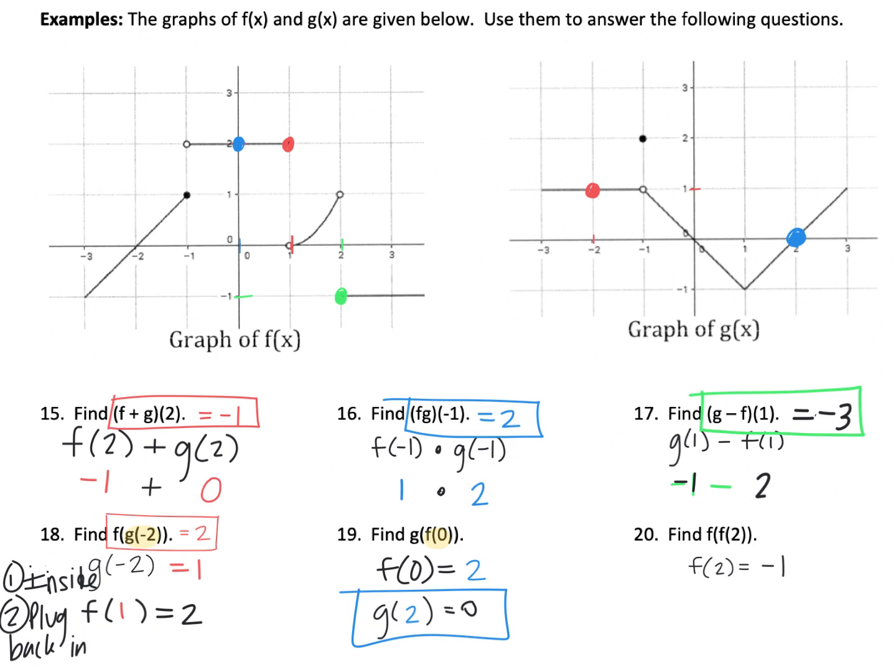Okay, if you take -1 and you plug it back in, you get +1. Okay, you should get +1 on that last one. If you have that, you can go.